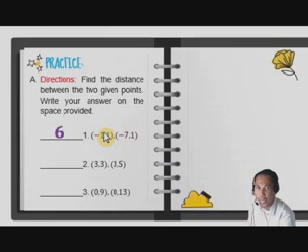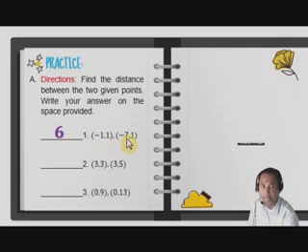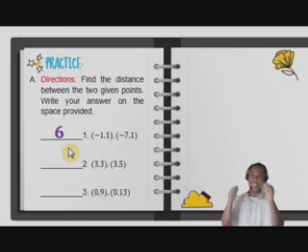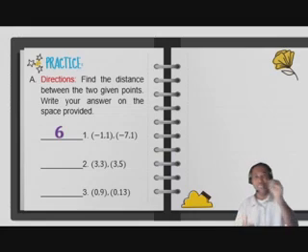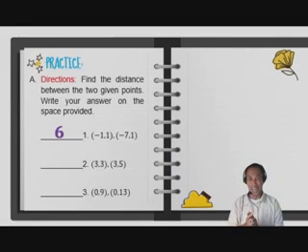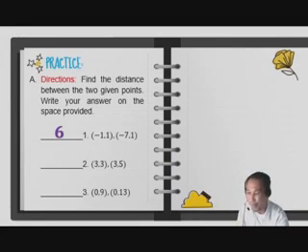The answer for that is 36. And 0 squared, the answer for that is 0. Add the 2, take the square root of 36, your answer will become 6. Ayan. Pag yan ang sagot nyo, tama po yung sagot sa number 1. Let's proceed to number 2. So number 2, we have 3, 3, and 3, 5.